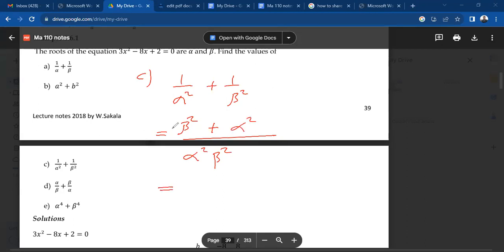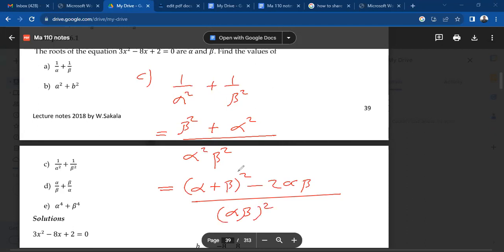And this numerator is what we have been teaching: alpha squared plus beta squared is simply alpha plus beta squared minus 2 alpha beta, over alpha squared beta squared. You can write it as alpha beta in brackets and square outside, because both are squared, so it's the product being squared.